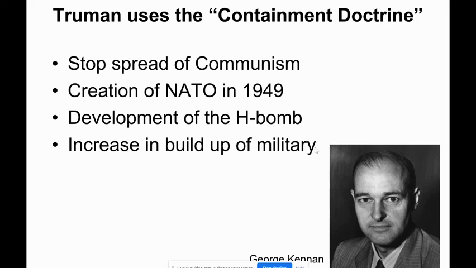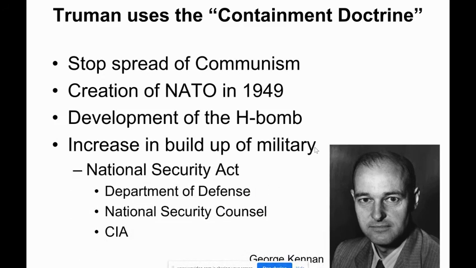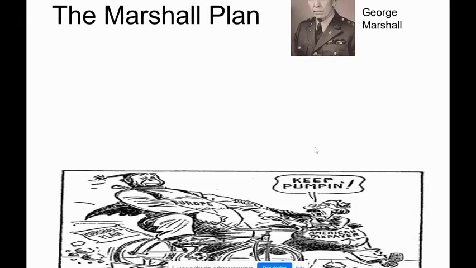So they're a foreign agency in terms of collection of information and intelligence. Those things are created in the late 1940s as a response to the spread of communism. All right. So again, the National Security Act creates the Department of Defense, the National Security Council, the NSA, the National Security Agency, and the CIA. All right.